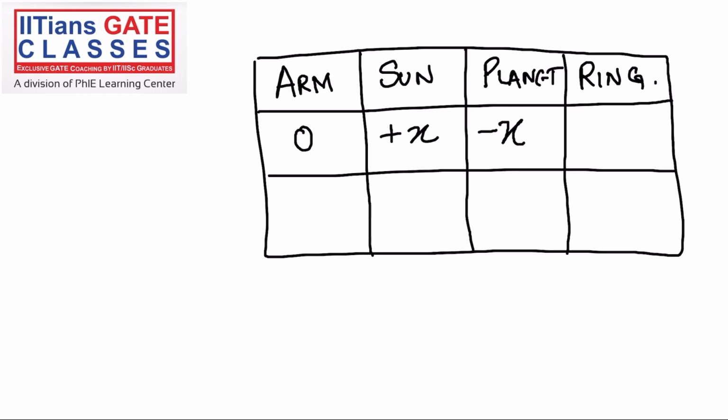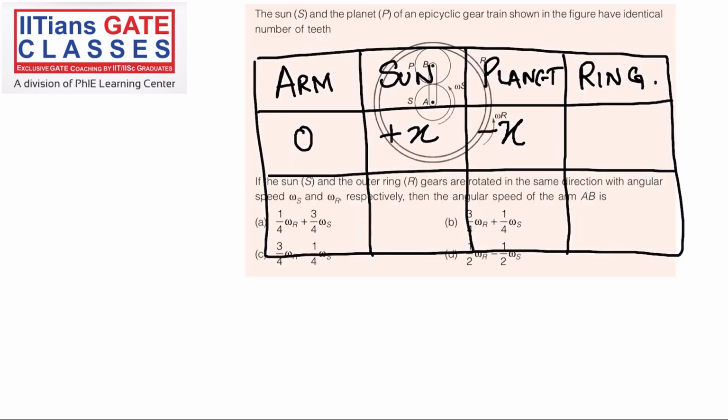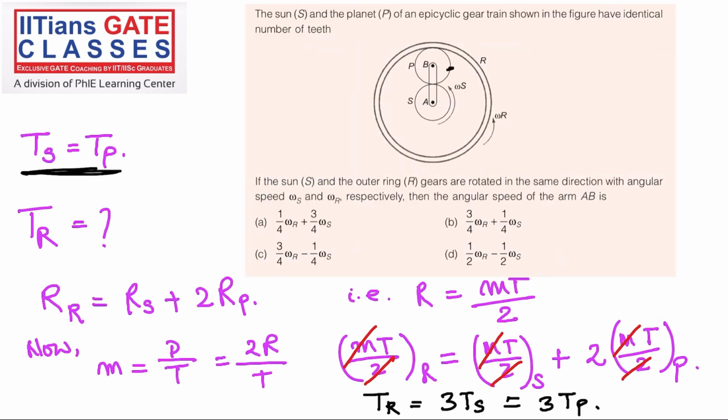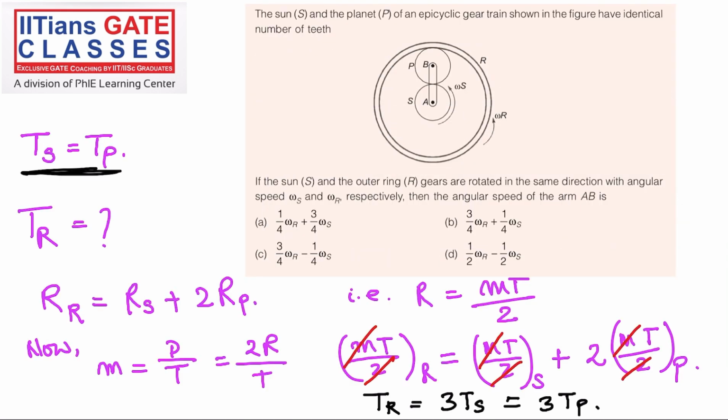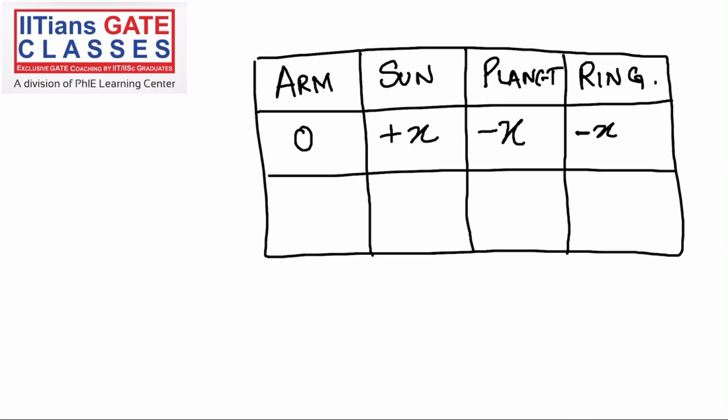So what will be the angular velocity of the ring gear, right? If you see the planet gear and the ring gear, they are internally meshed, so the direction of angular velocity will be same, minus x times number of teeth on the planet gear divided by number of teeth on the ring gear, that will become minus x by 3.